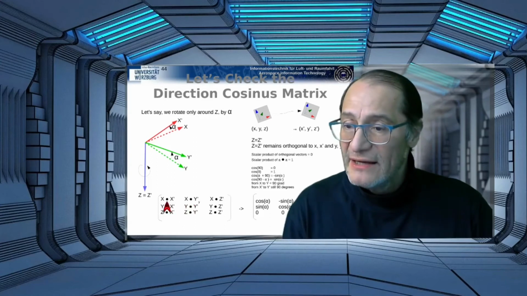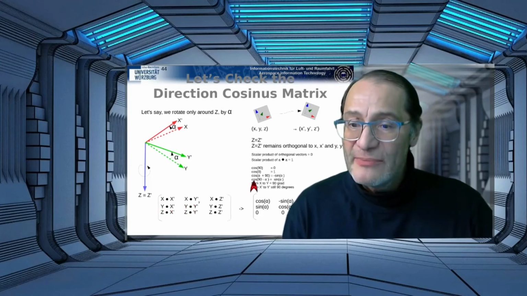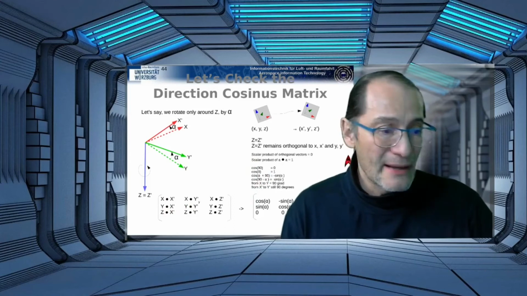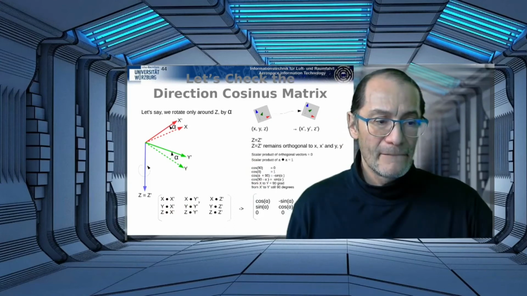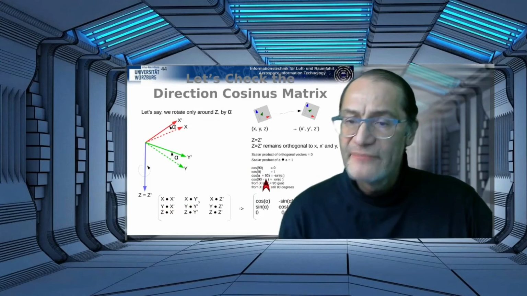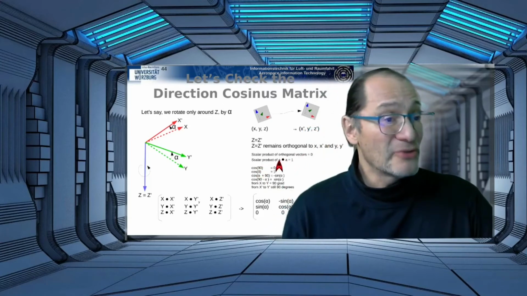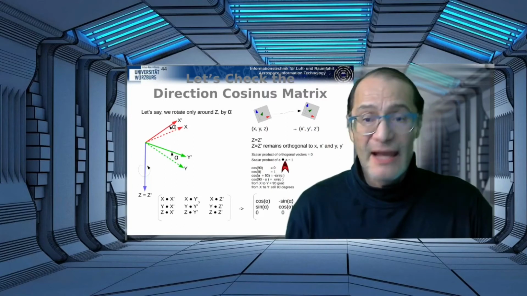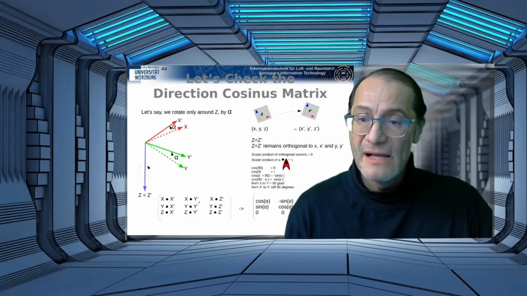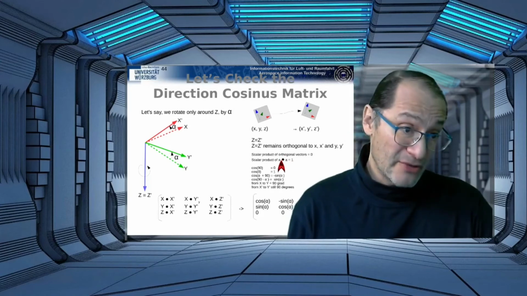And you remember the multiplication: the scalar product of a vector with itself is 1, and the scalar product of two orthogonal vectors is 0.